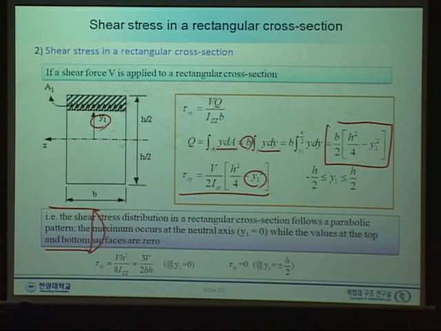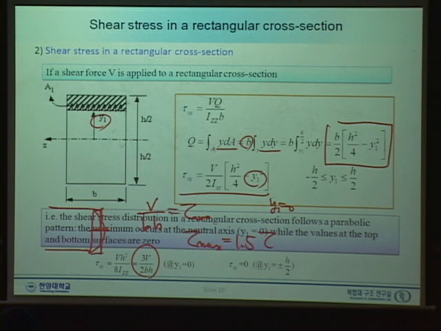And if we put y prime equals 0, then this is exactly 1/3. V over bh is the average shear stress, but the maximum is tau max, which is 1.5 times tau average. You have to remember that shear stress is always maximum at the middle, with a parabolic distribution.